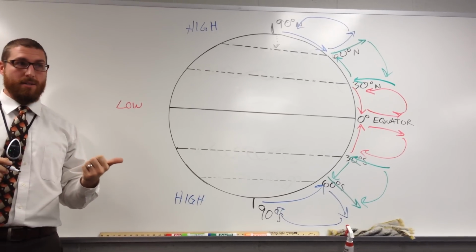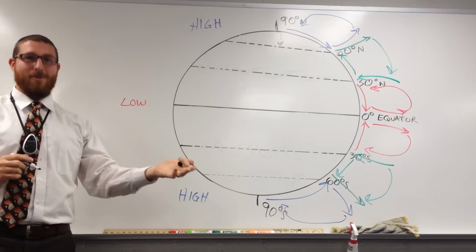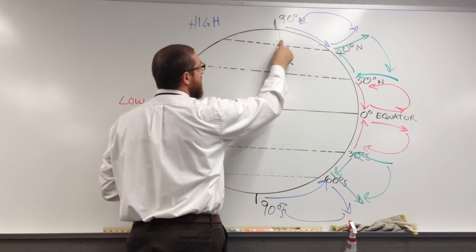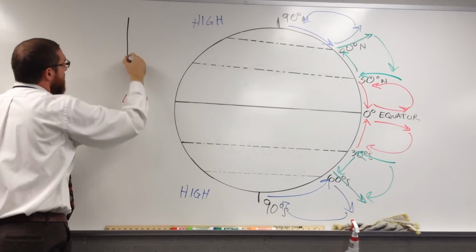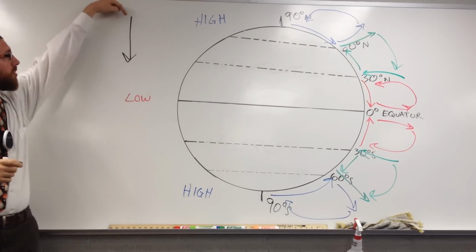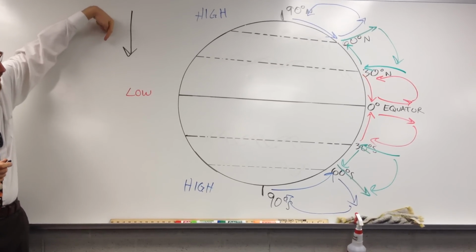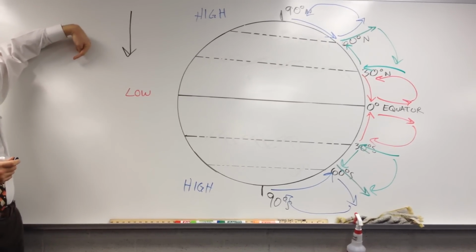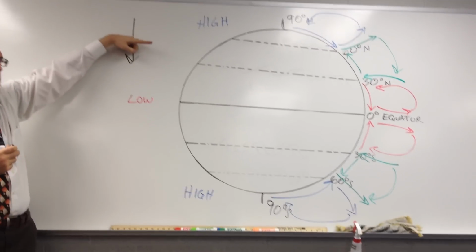Coriolis effect says that winds in the northern hemisphere turn to the right. So instead of this wind blowing straight south, it's going to turn to the right. Now, a wind blowing this direction, pretend you're in a car and you're traveling this way. If you were to turn right, you would turn this way, right? Does that make sense?